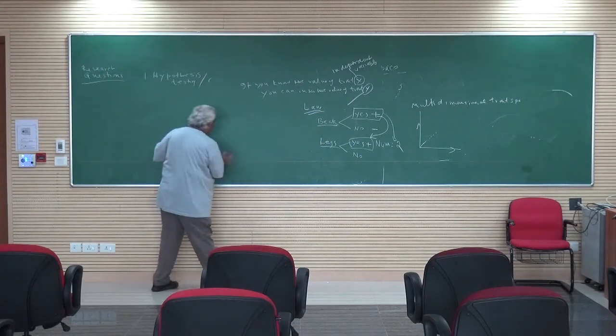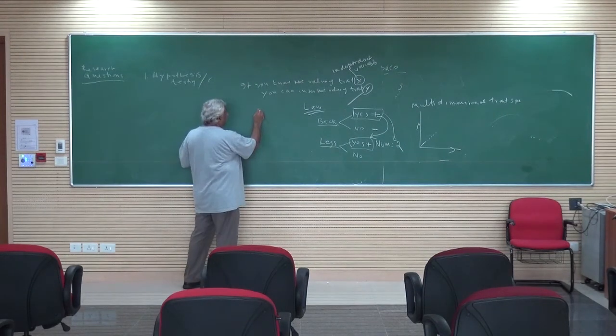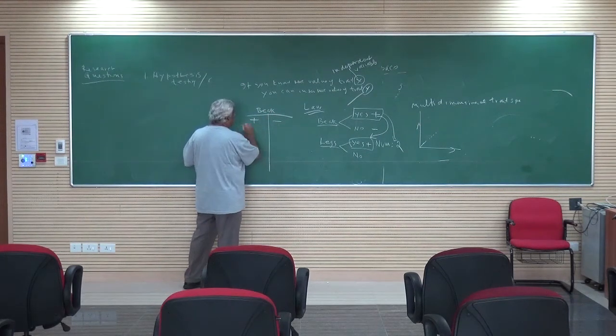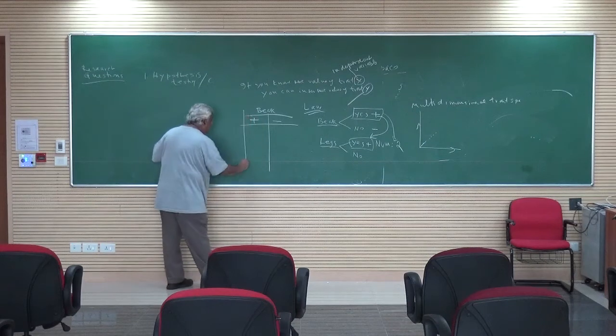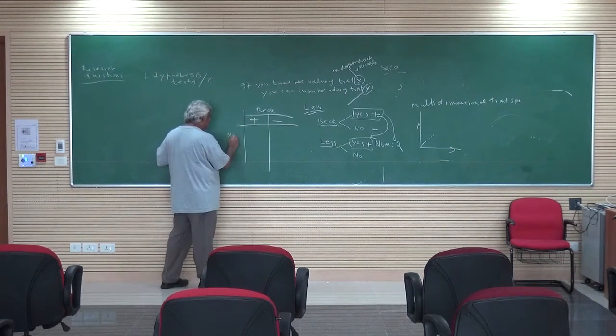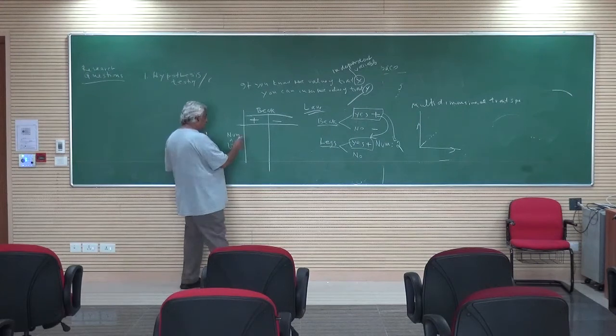Let me give you another way of looking at this. So you can say beak is 1 and the value could be plus or minus. And on this side you have legs, number of legs.